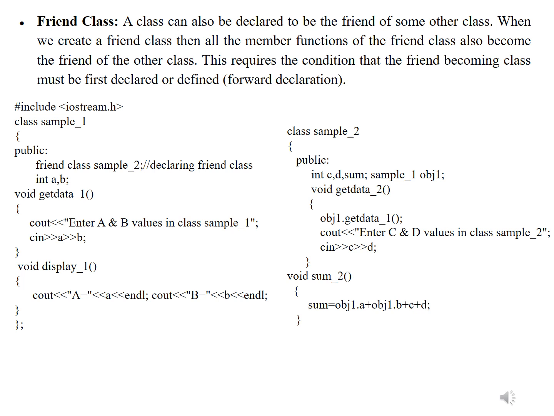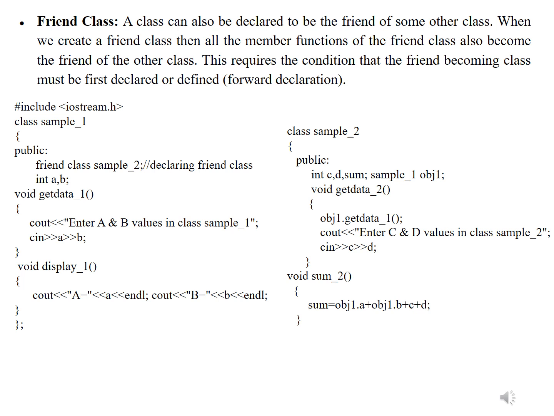Here the class sample1 contains two member functions, that is getdata1 and display1, and it also has a class as a friend, sample2.